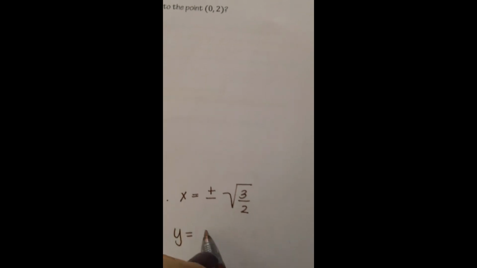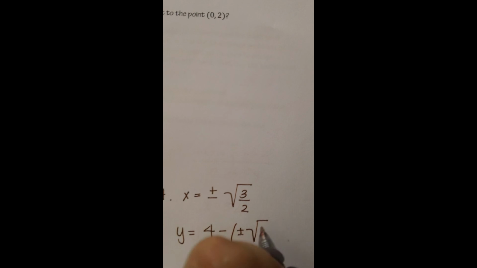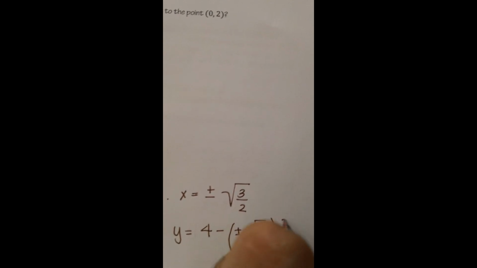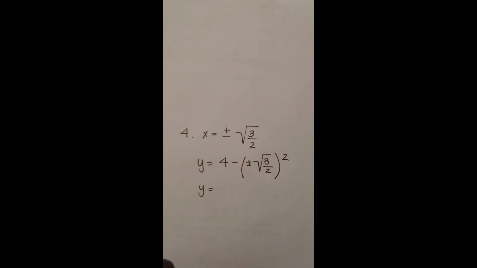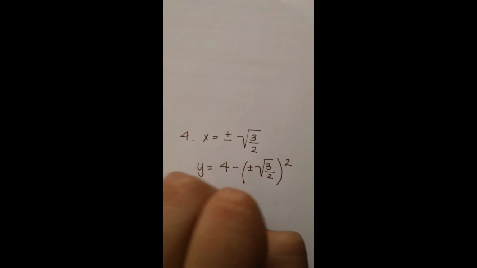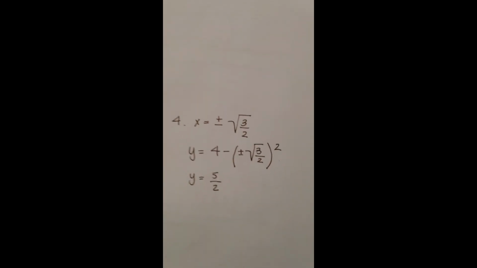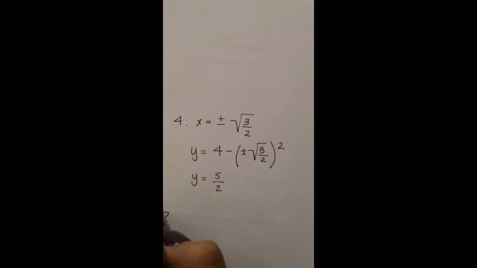To look for y, it's 4 minus square root of 3 halves squared. So our y value will actually be 5 halves.